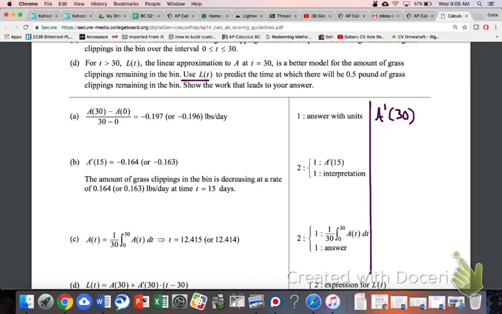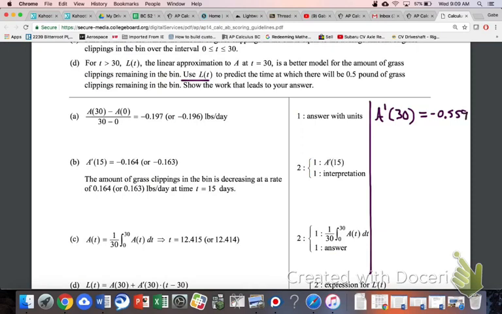So A prime of 30, I have no idea what that is. 212.5? No, they're doing something different. Do you know what that is? Negative 0.5966. Okay, I'll go with that right there.